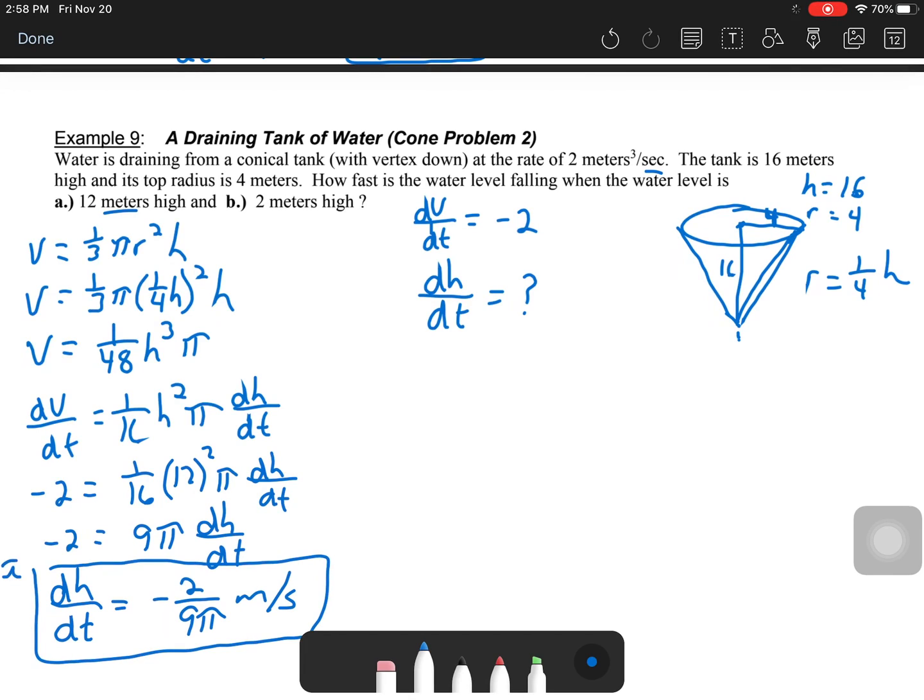Okay, so that was for part A, where I used that height of 12 that was given. And now for part B, we can use the same derivative that we had here, but this time we've got a height of 2 that we're substituting.